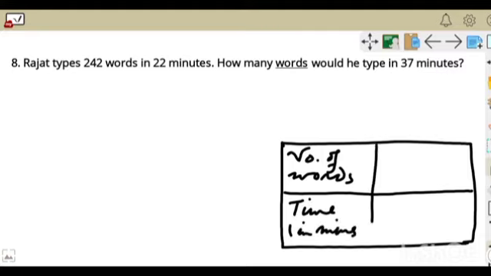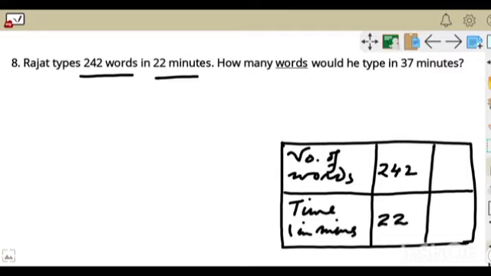Okay, look at the first sentence: 242 words in 22 minutes. So here I'll write 242 and below that I'll write 22. What the question asks is, in 37 minutes, how many words can be typed? So let me write here just x. Okay, solution here.